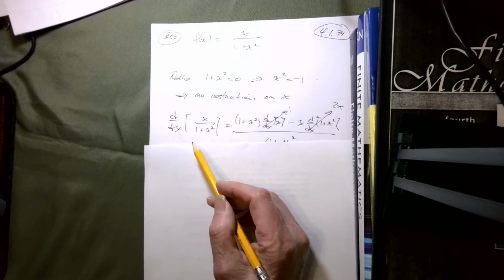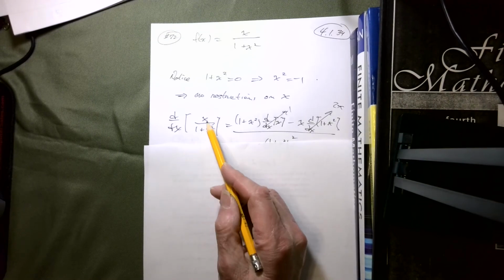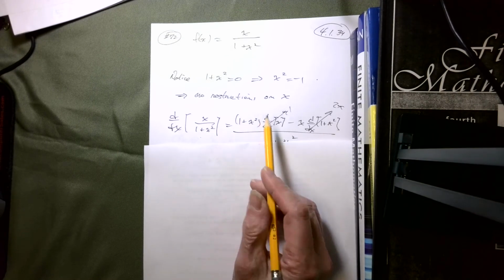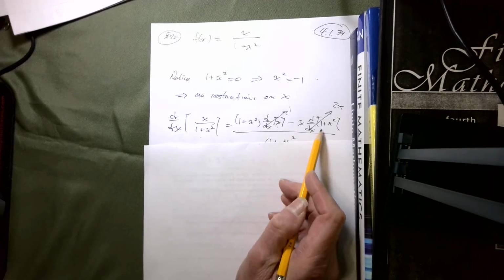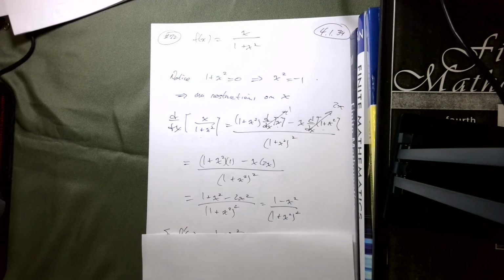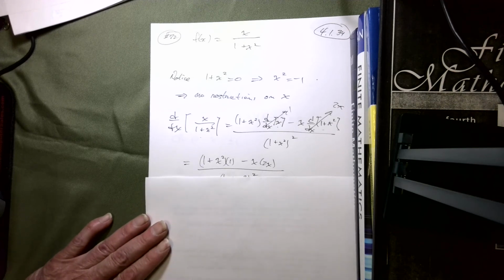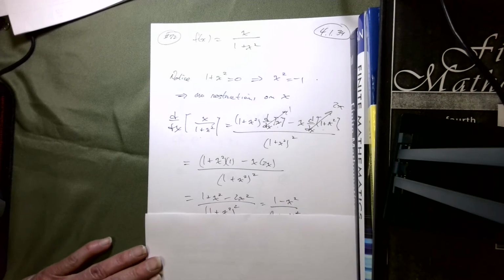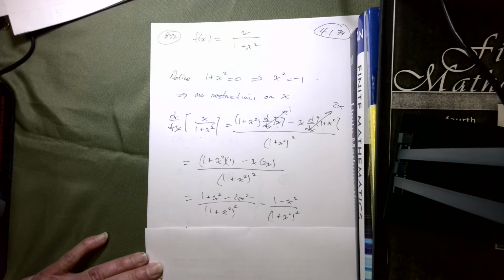So it's the same old stuff, folks. I'm not going to bore you. This is the quotient rule. Bottom derivative of the top minus the top derivative of the bottom all over the bottom squared. Now you're going to have to actually simplify things. And we end up with this guy.